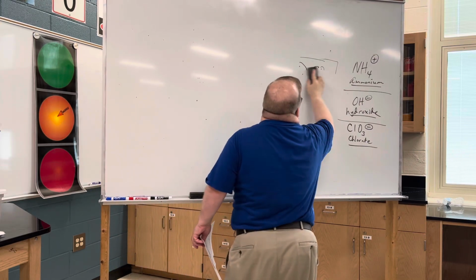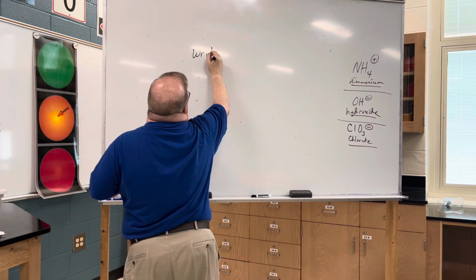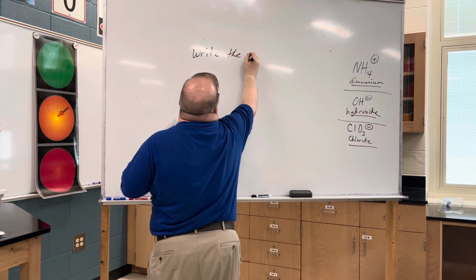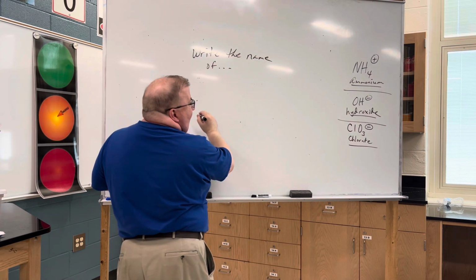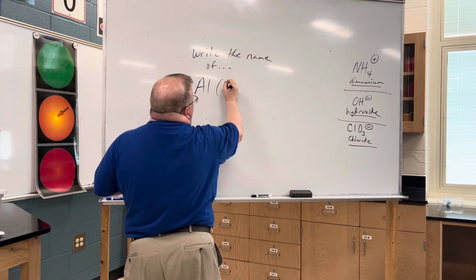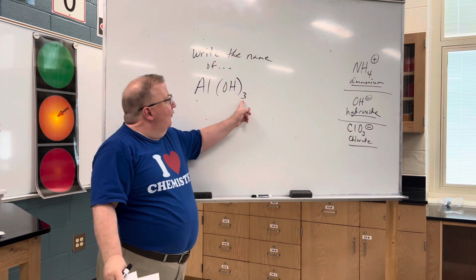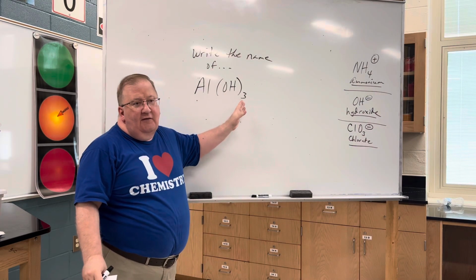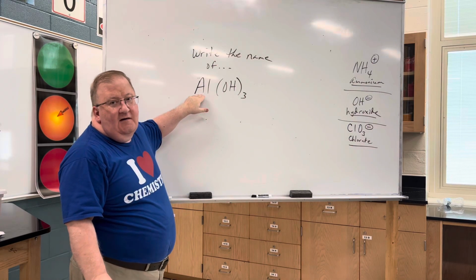So if you're told to write the name of, let's say I had AlOH3. I don't even really have to worry about what ratio they're in or the subscripts or whatever. All I have to do is look at the name.